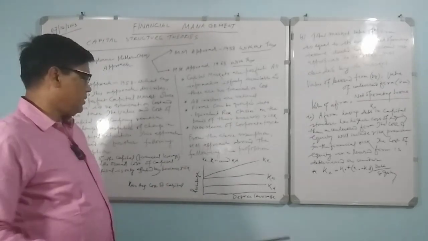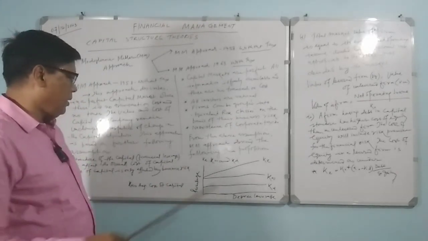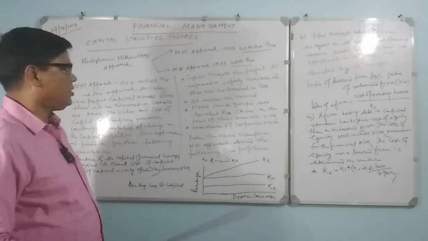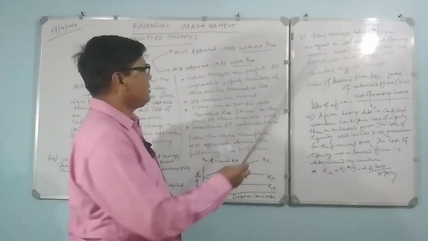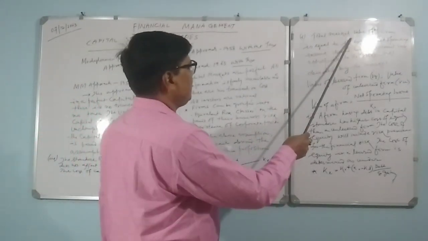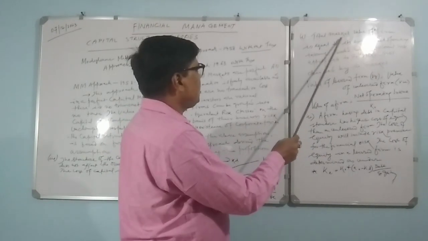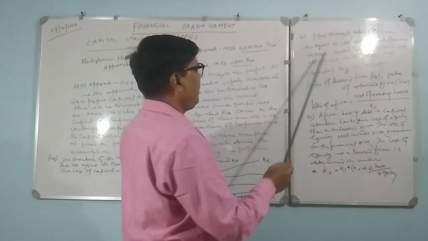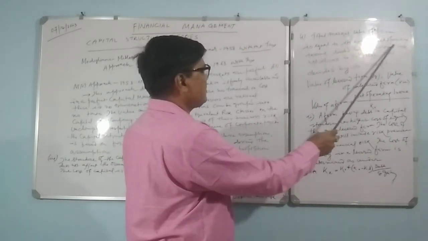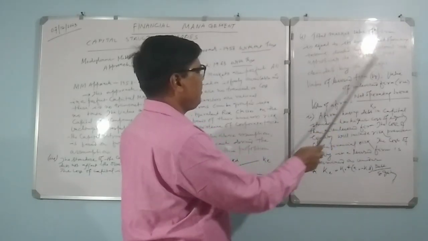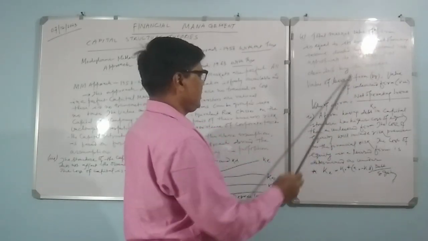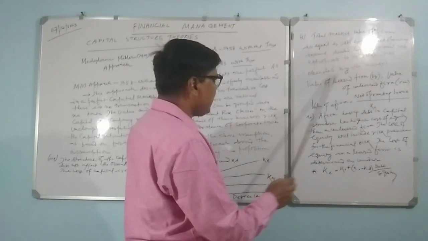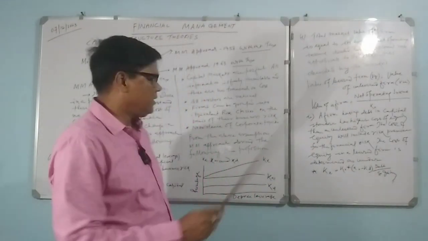From the above assumptions, the approach derived the following three propositions. First proposition: the total market value of a firm is equal to its expected net operating income divided by the discount rate appropriate to the risk class decided by the market. What does it mean?